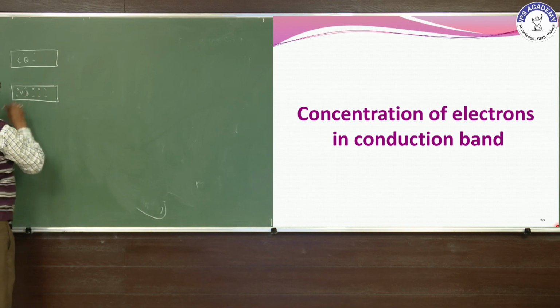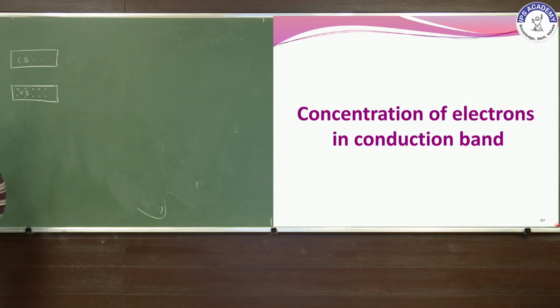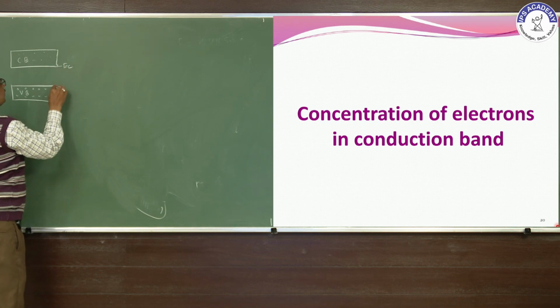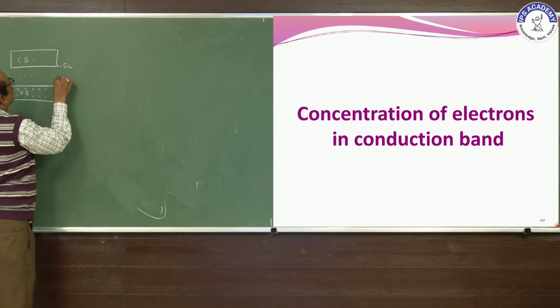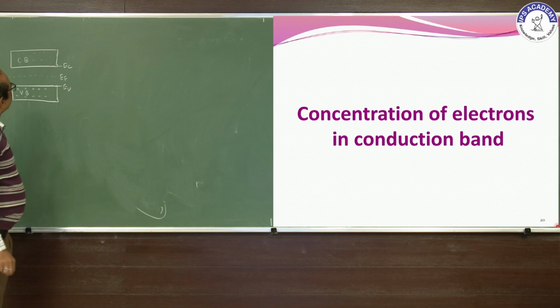In a pure semiconductor, both numbers are equal. Let us say the bottom of the conduction band energy is EC, the top of the valence band energy is EV, and the Fermi level energy is EF. It resides at the center of the band gap.